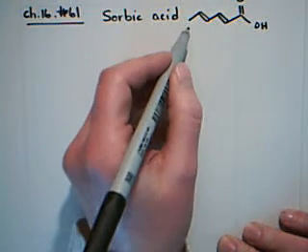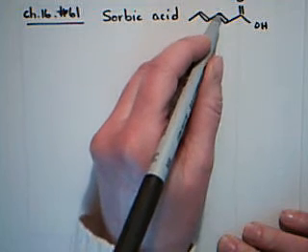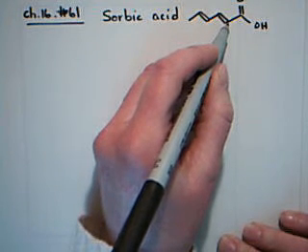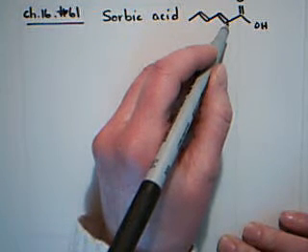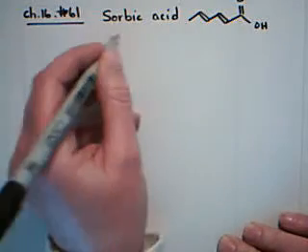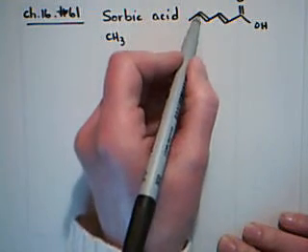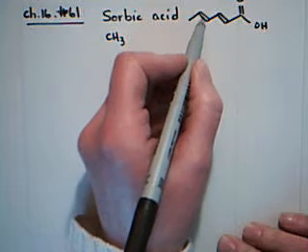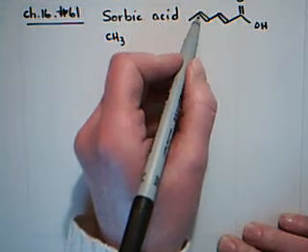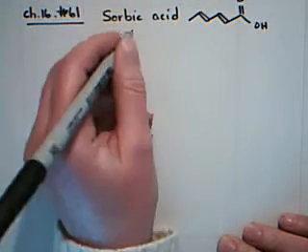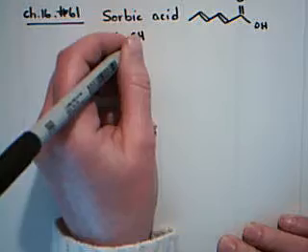So 1, 2, 3, 4, 5 carbons, and then a COOH. So specifically it is CH3 on the end. And then this carbon has 2, 4, 6, so it needs another bond. So it's got one hydrogen. CH.